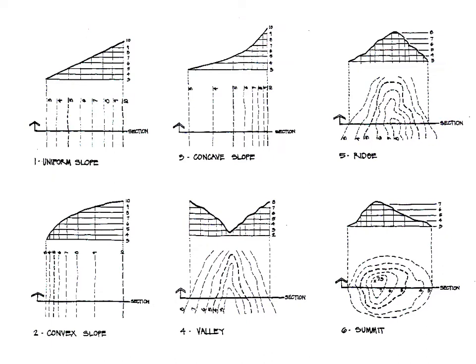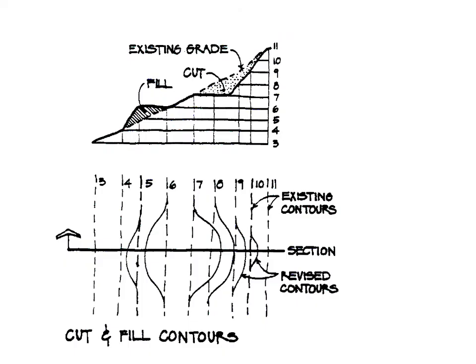And you'll see that number 5, the ridge, and number 4, the valley, the contour plans look kind of clear. And they're very similar. And so the only way to know whether it's a ridge or a valley is to look for the labels on the different contour lines, and that'll tell you whether it's sloping up or down. So just, again, familiarize yourself with these things.